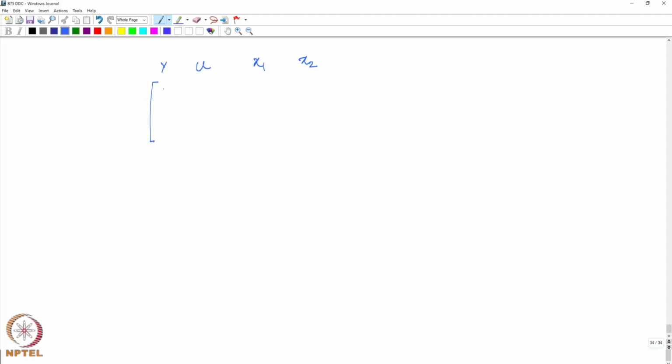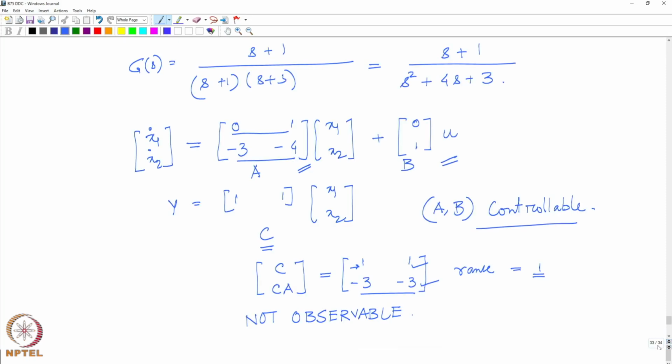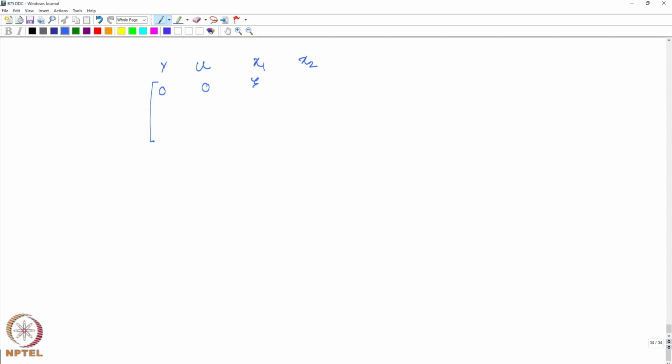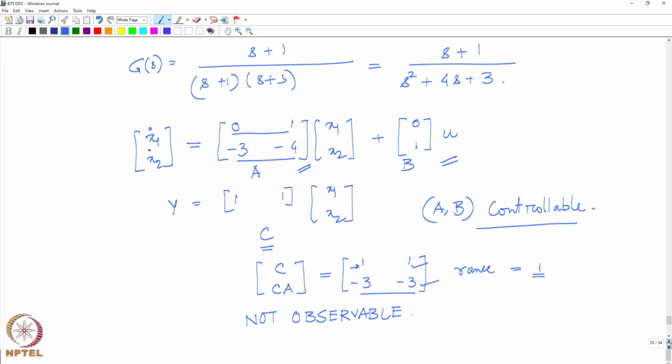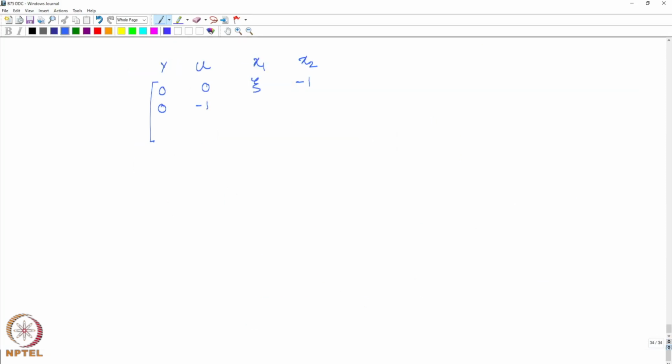First one is 0 0, and x1 dot is equal to x2. That is the equation. The first one says that x1 dot is equal to x2. Second one is u with a minus sign, and x2 dot is equal to -3x1 -4x2.